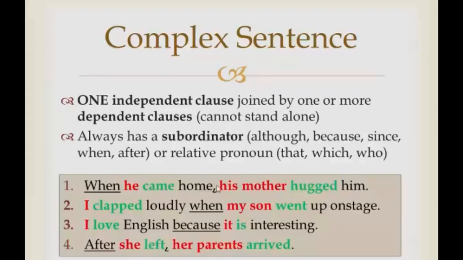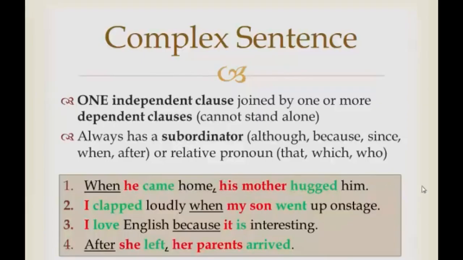But when he came home doesn't really make sense, and this, when he came home, is a dependent clause because it depends on this independent clause. Here, the subordinator is when. When he came home is a dependent clause. His mother hugged him, independent clause.